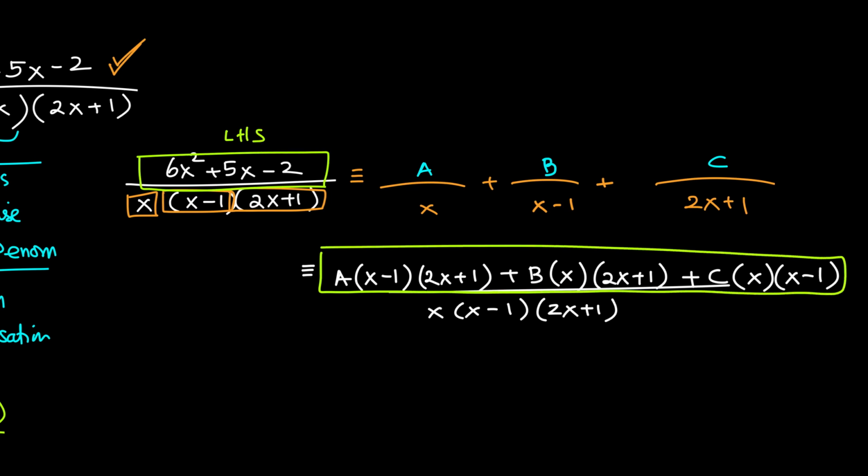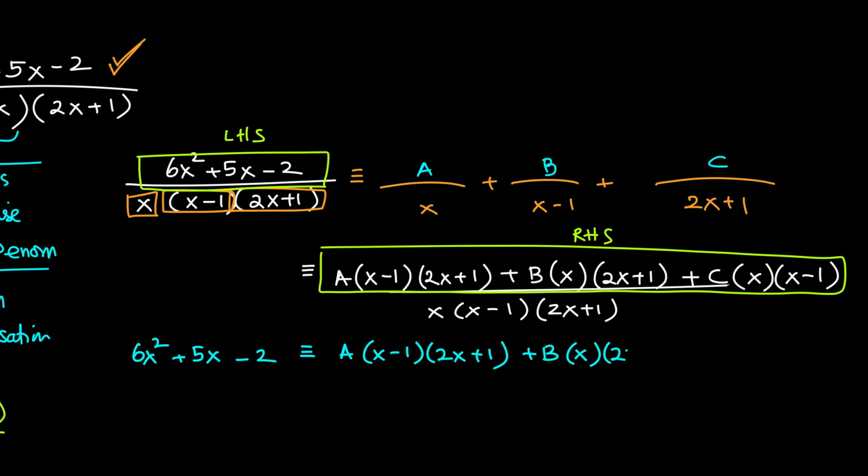Left hand side numerator equals right hand side numerator, because both sides are identical. The denominators are already the same. So therefore the numerators should also be equal. So 6x squared plus 5x minus 2 is identical to a times x minus 1, 2x plus 1, plus b times x, 2x plus 1, plus c times x, x minus 1.